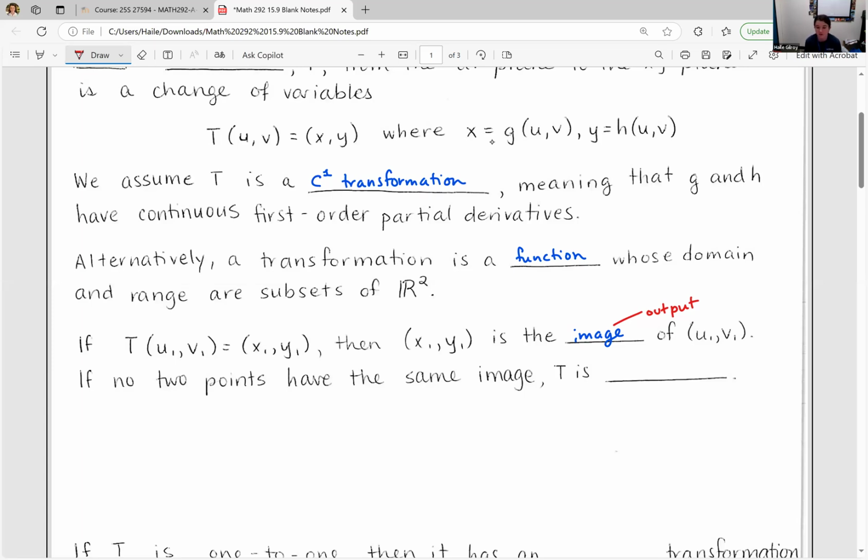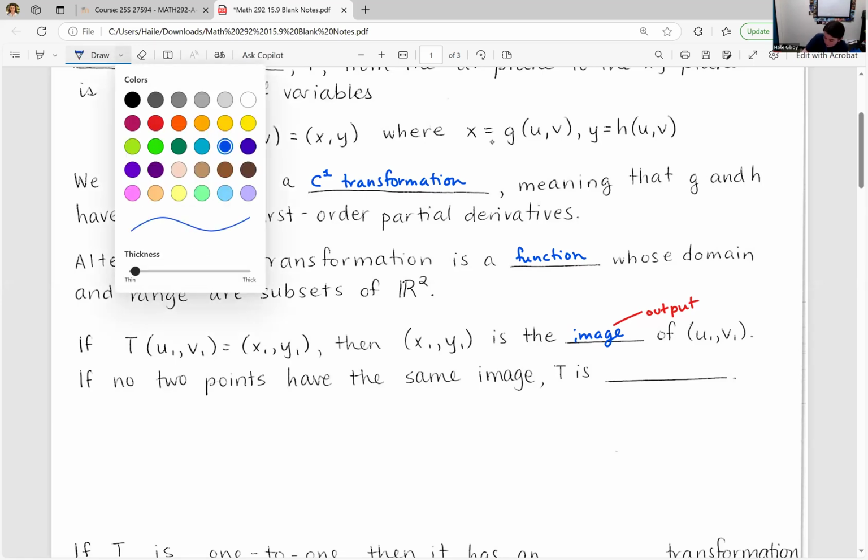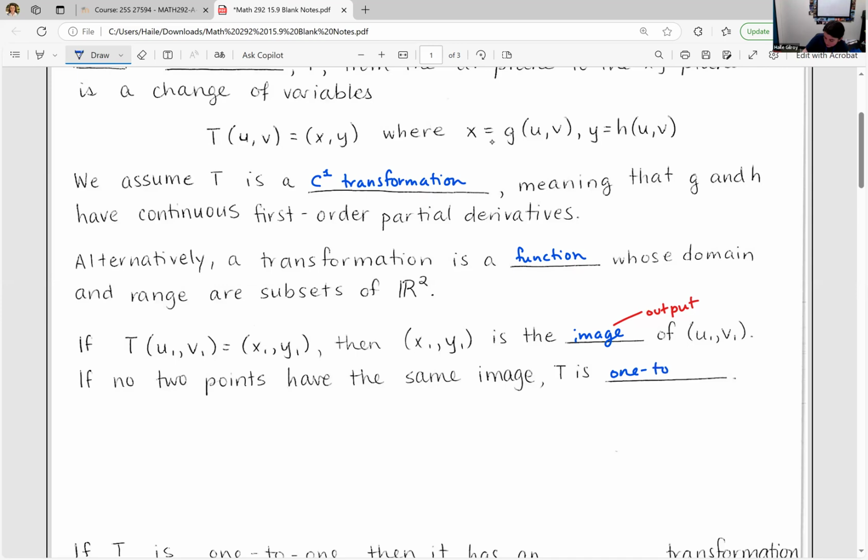And if no 2 points have the same image, then we call T one-to-one. This is the exact definition of a one-to-one function that you might have learned even in high school algebra. One-to-one basically means you don't have repeated y values.